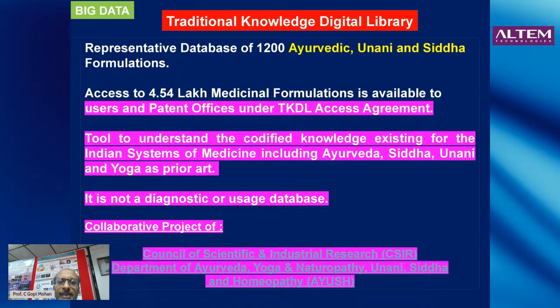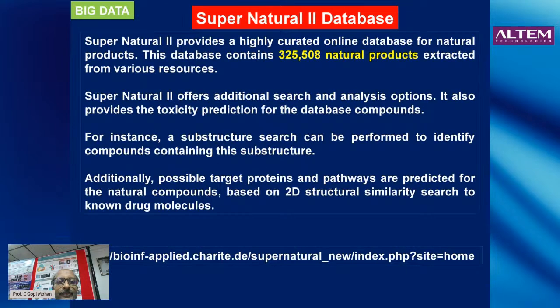So all this can be utilized, and that's why I put up this slide here. And there is SuperNatural, a database which is also available, being developed from a German university. SuperNatural provides a highly curated online database of natural products.